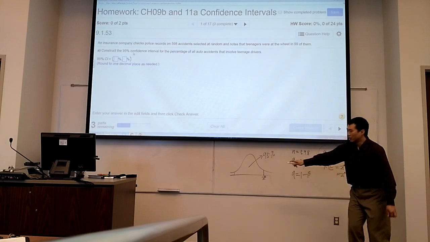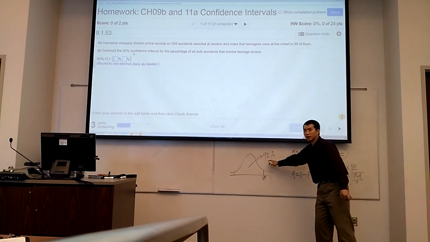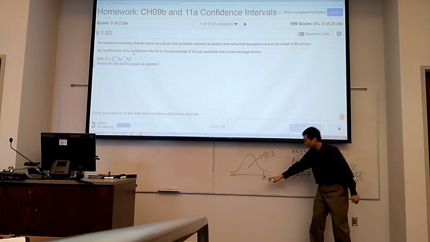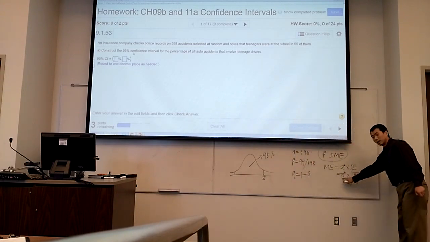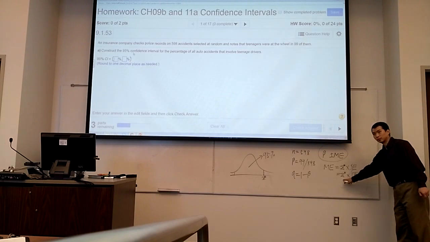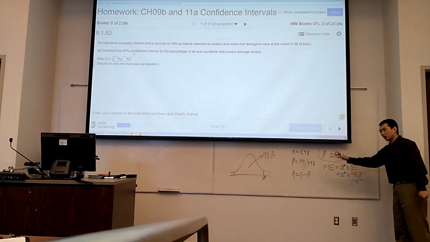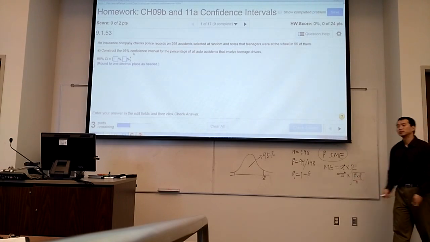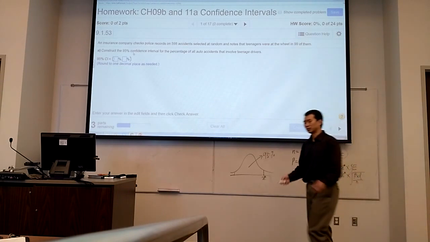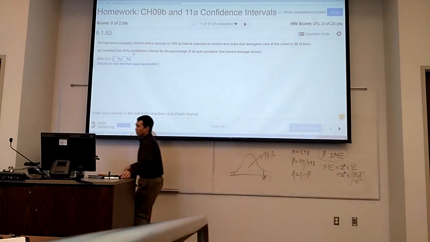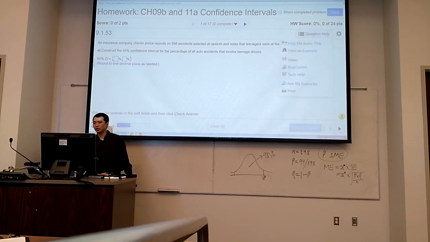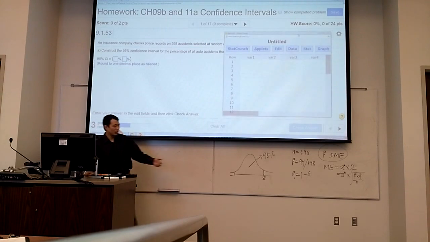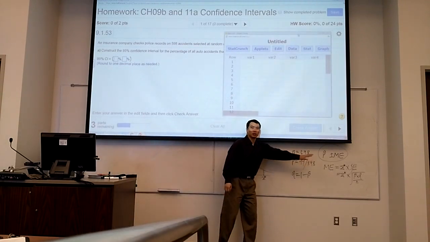You use this 95% to find the critical value, then plug the numbers in. After we have the Z star, we can do the calculation. But this is really time consuming, and I'd like to use the stat box to do the calculation for me. This is the underlying logic of the calculation.